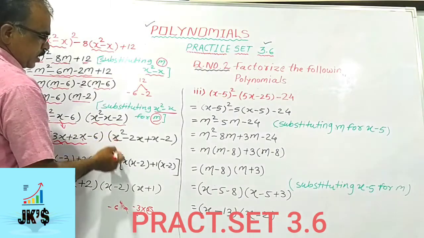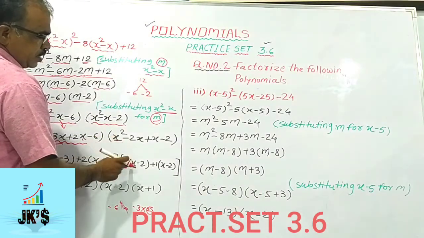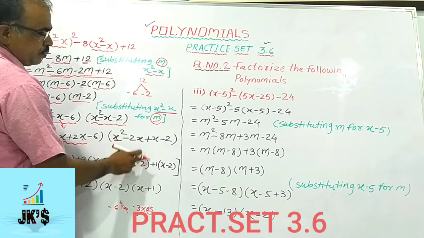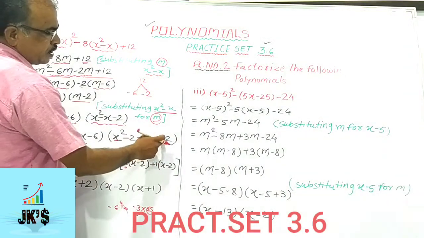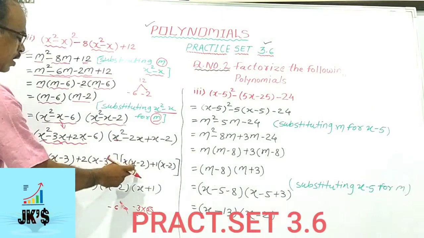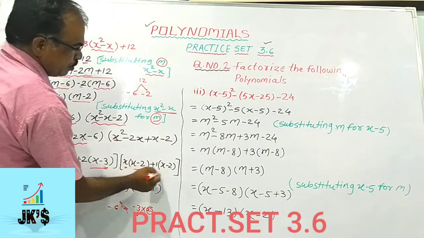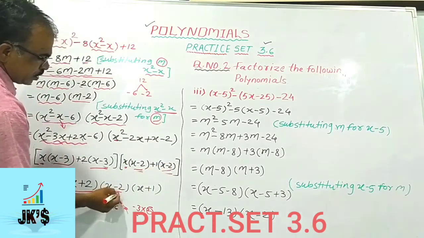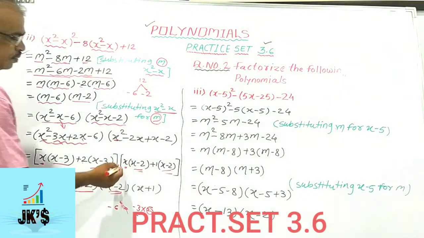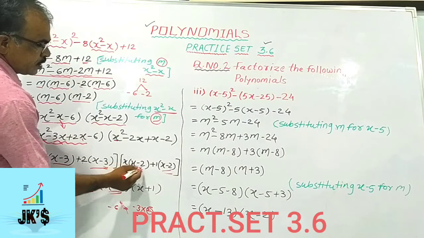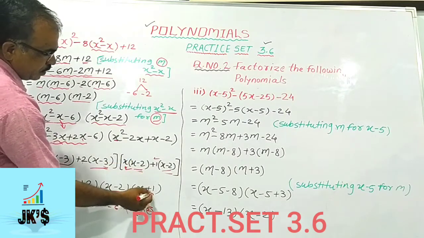Similarly, x² − 2x + x − 2: x is taken common, x − 2, plus 1 into x − 2. x − 3 is taken common, in the bracket x + 2, this is the second bracket. x − 2 is taken common, and what remains is x + 1.